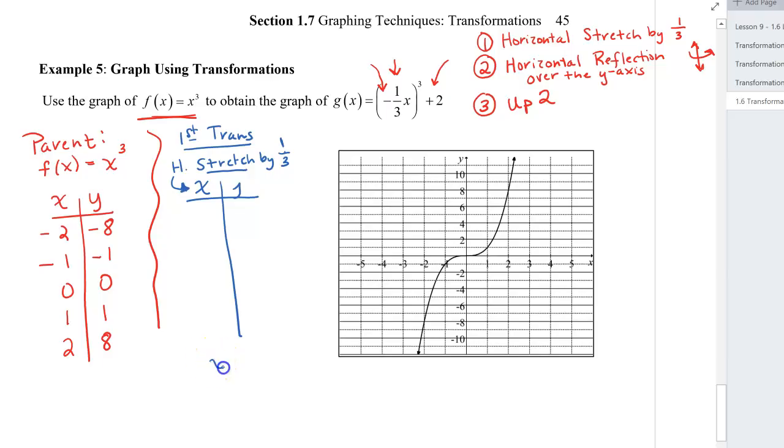You can think of taking your x values and dividing by 1/3, which is the same thing if you remember the old keep it, change it, flip it. Change division to multiplication and flip the second fraction, it becomes 3. So -2 times 3 is going to give me -6. -1 times 3 will give me -3. 0 times 3 will give me 0. 1 times 3 is 3. And 2 times 3 is 6. Then I'm going to repeat my y values from the last table. And that's our first transformation.